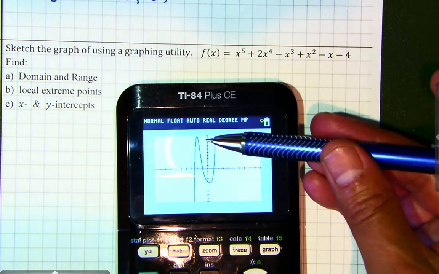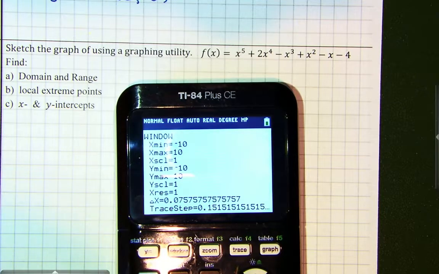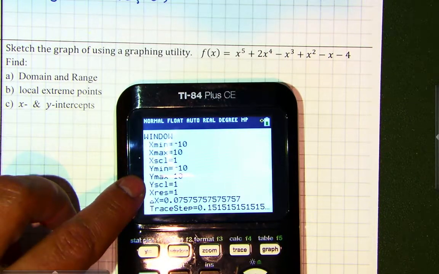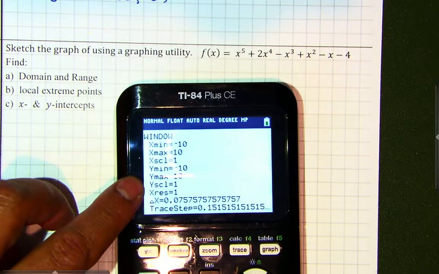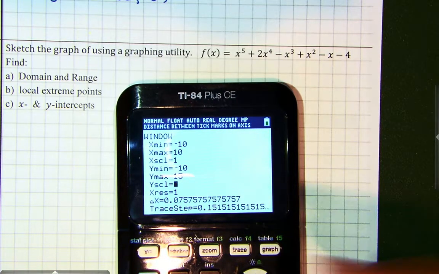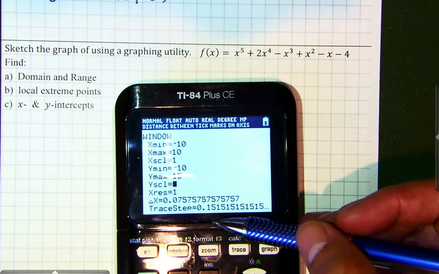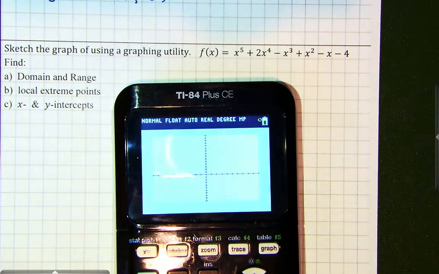If you want to go higher, then you can go on the window and then say, you know, the Y, actually I want it to be a little higher, so I'm going to say 15. And you can also change the axis, so from -10 to 10, side to side, -10 to 15. I want to see a little higher, so that's why I place it at 15. And now I should be able to see the graph.